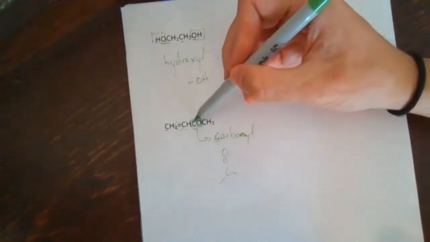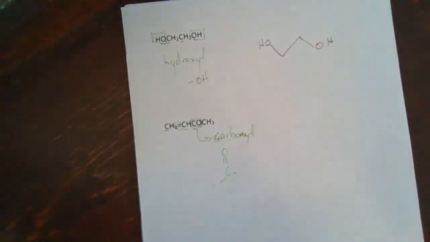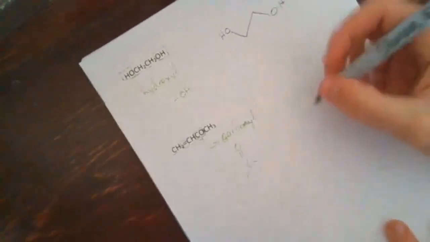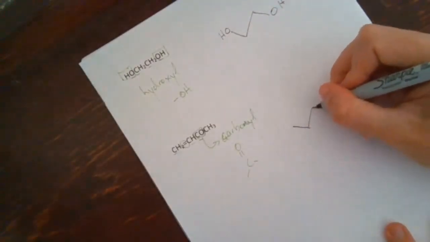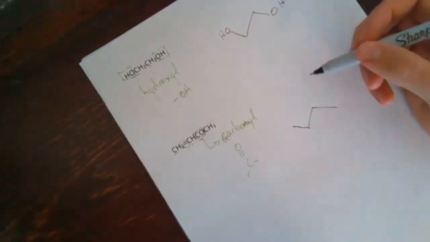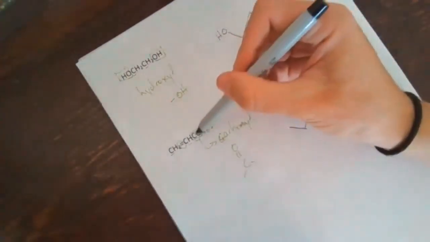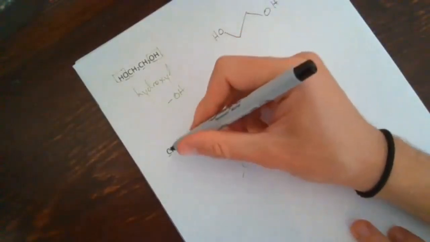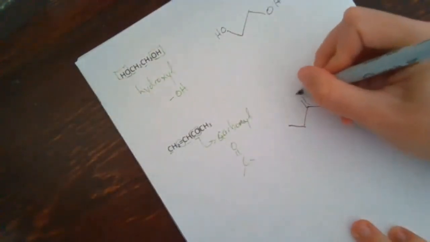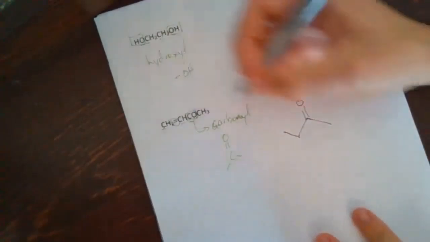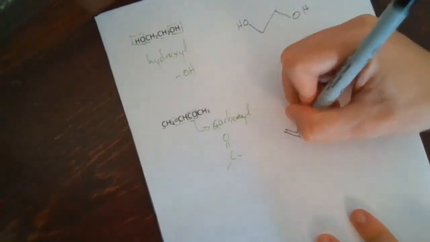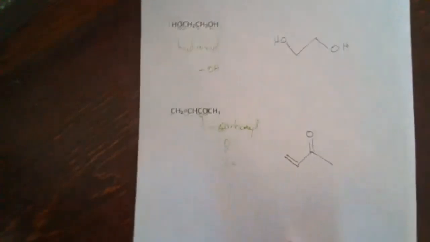And so it's 1, 2, 3, 4 carbon atoms that are the backbone of the molecule, and that carbonyl hangs off the side. So 1, 2, 3, 4 of the carbons, right? The carbonyl is on carbon 3. And then we'd want to not forget this double bond is between the first 2 carbon atoms.